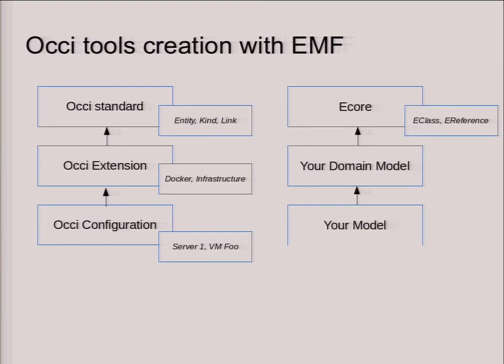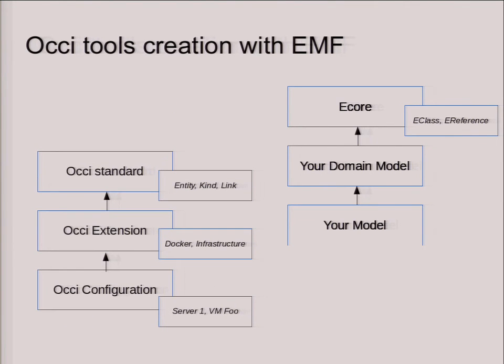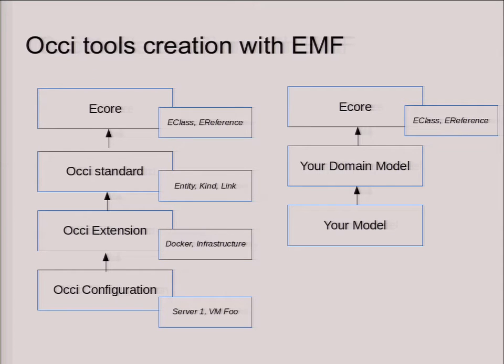So for example, the name of the server, your virtual machine, etc. That's the 3 levels. In Eclipse, you have the same 3 levels. Core, which is a way to define any kind of language, your language, and your models. So, if I try to use it, I will have problems, because OCCI is at the same level as Core. Oops. Ta-da.